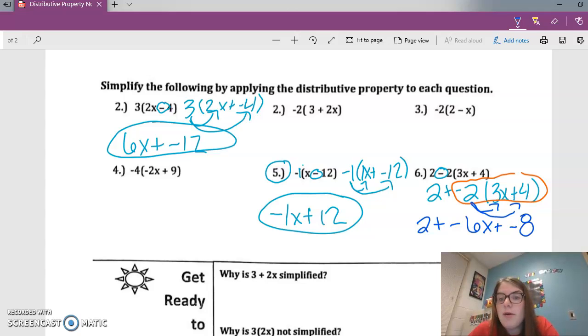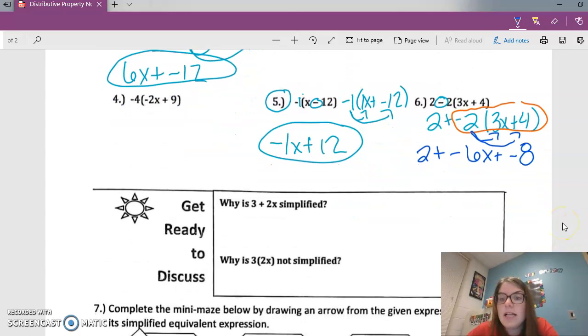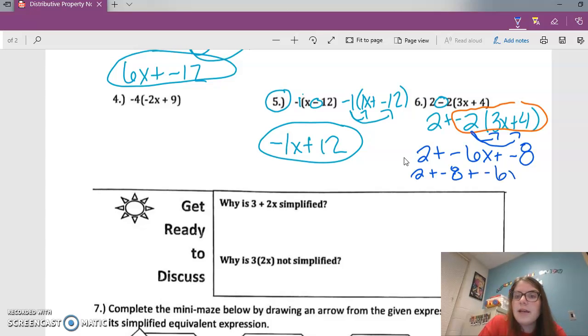All right, now I have to look at this problem. Can I simplify it any more? Are there any like terms that I can combine? I can't combine the 2 and -6x because this one has x's and this one does not. But I probably could combine the 2 and the -8. So let's rewrite it: 2 plus -8, plus a -6x.